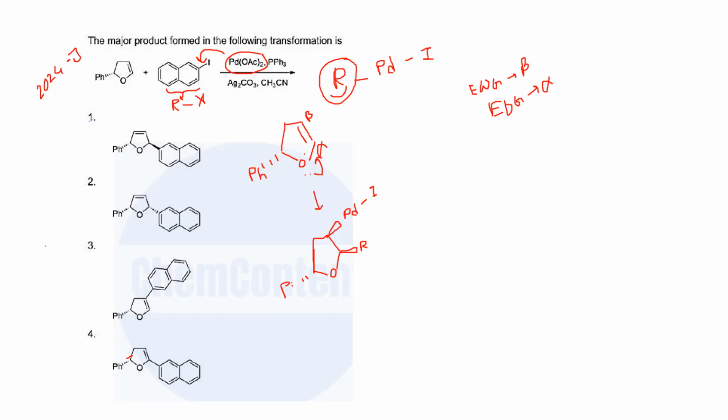Now to remove the palladium from the system, it undergoes a beta hydride elimination. There are two hydrides, one here and one at this position. For this beta hydride elimination, the palladium and the hydride should be in the same plane. Now this palladium is above but this hydrogen is below, so the same plane hydrogen will be removed.